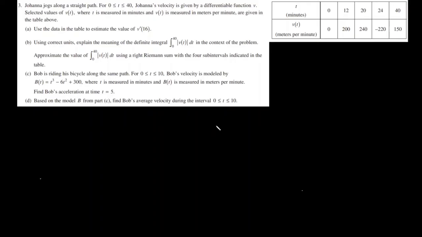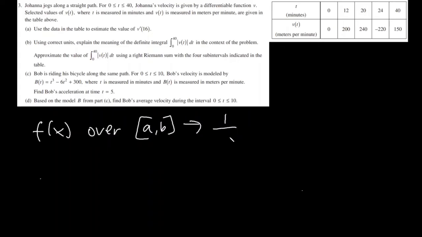Okay, so this is another simple application of the average value formula. Let me just recap. The average value formula is, if we want the average value of f of x over the interval a to b, that's going to be 1 over b minus a times the integral from a to b of f of x dx.